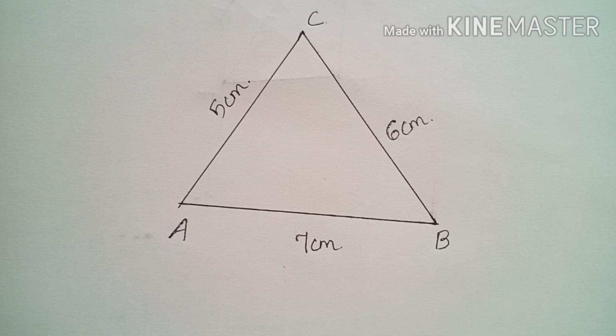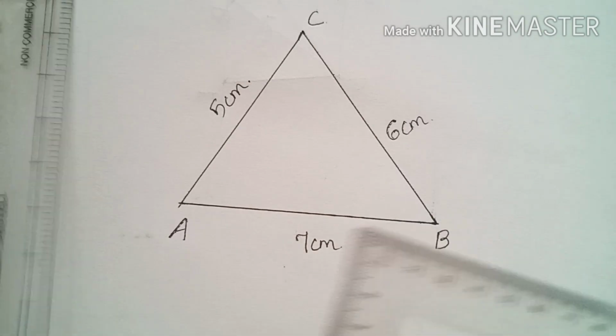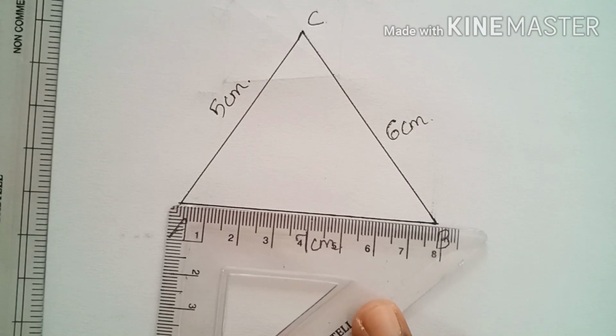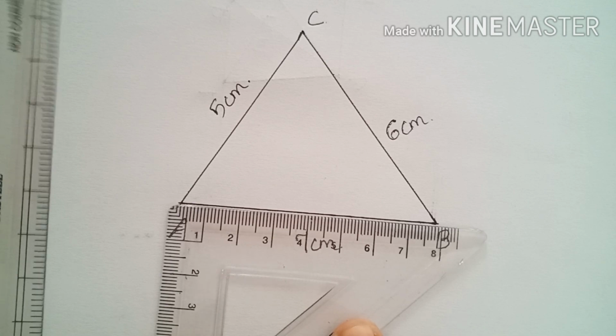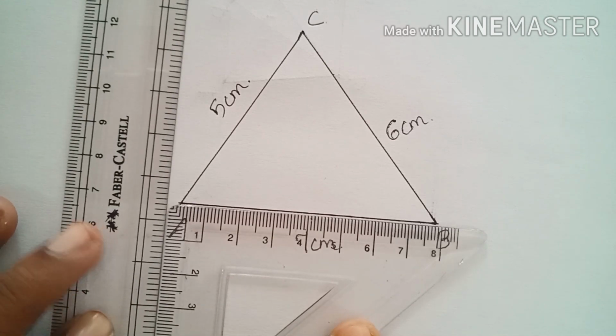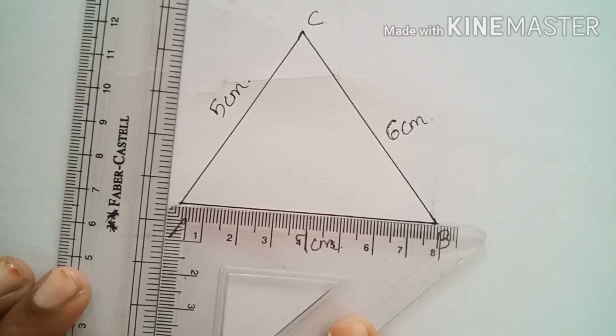Now next step is we need a parallel line. Upper vertex must be on the parallel line. So a parallel line we need passing through the point C. For that, take the set square and place the set square like this. Then after placing the set square, take the scale and place like this. Then move the set square.